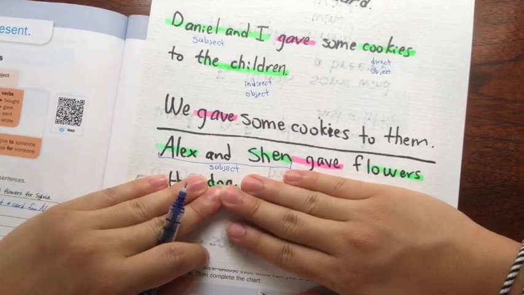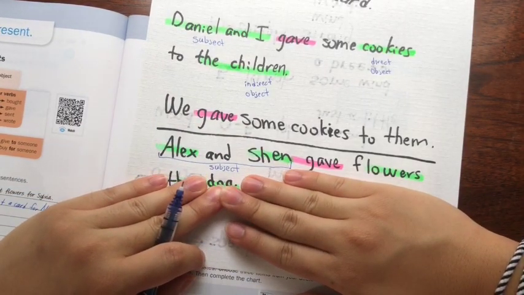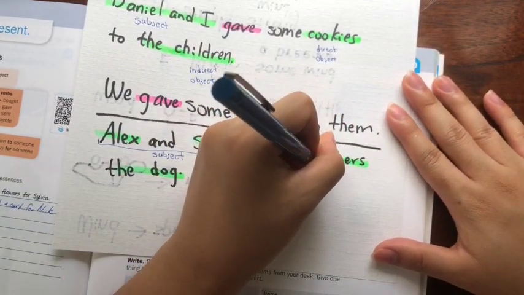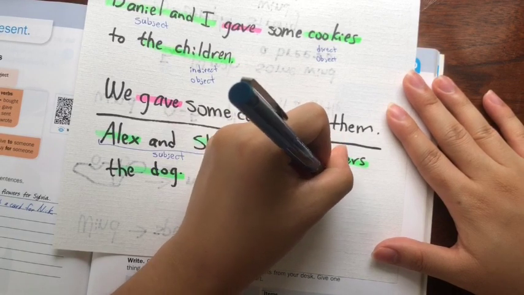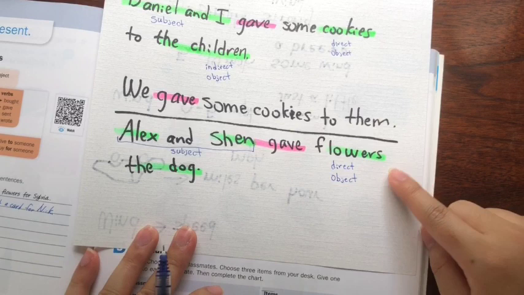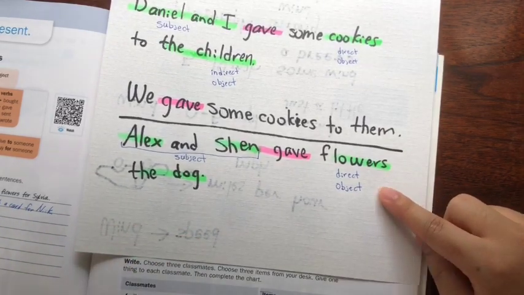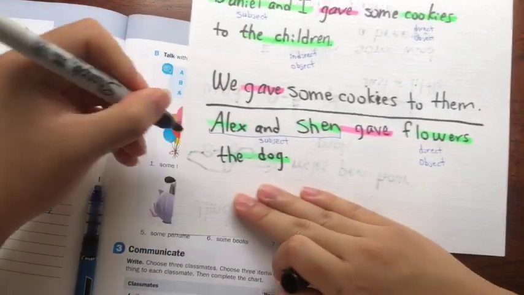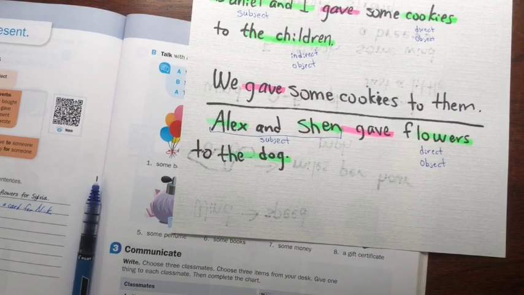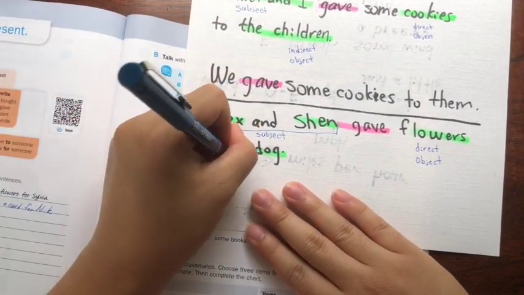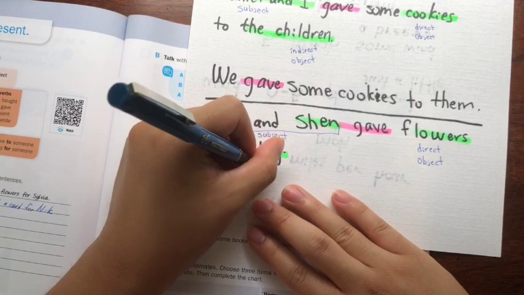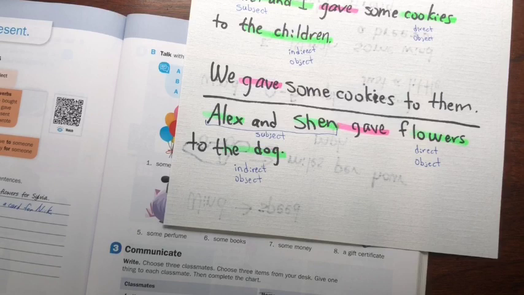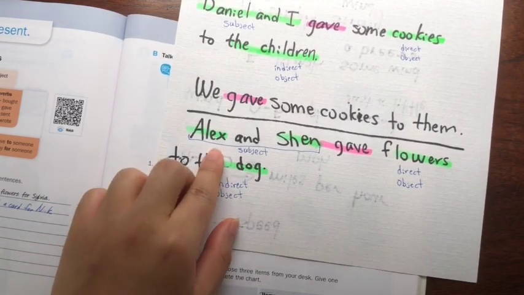Alex and Shen gave what? Alex and Shen gave flowers. So flowers is the direct object. To who? To the dog. So the dog is the indirect object.